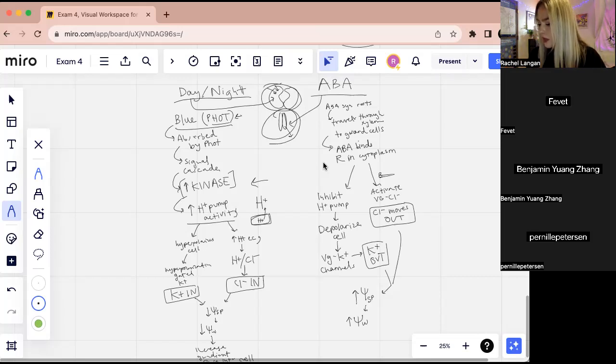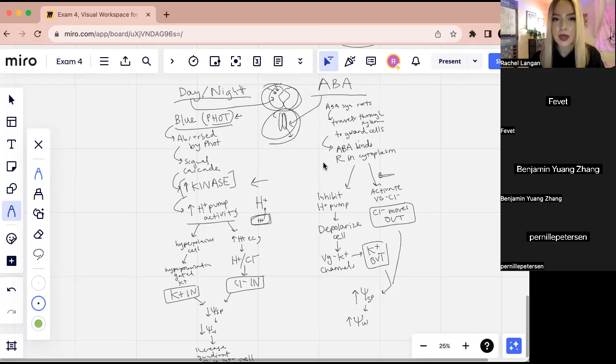4, xylem water potential. You close the stomates, that's less transpiration. So the water potential of xylem goes up because there's less negative pressure. And then the 5th one is leaf airspace.